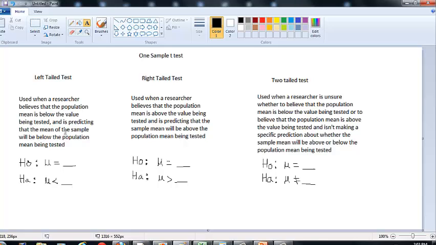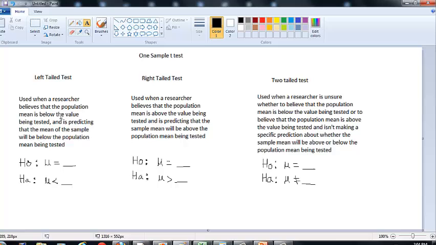If a researcher is testing whether the average age of a Cal State student is 23, and the researcher has some reason to believe that the population mean is under 23, or under the number being tested, then the researcher would do a left-tailed test.